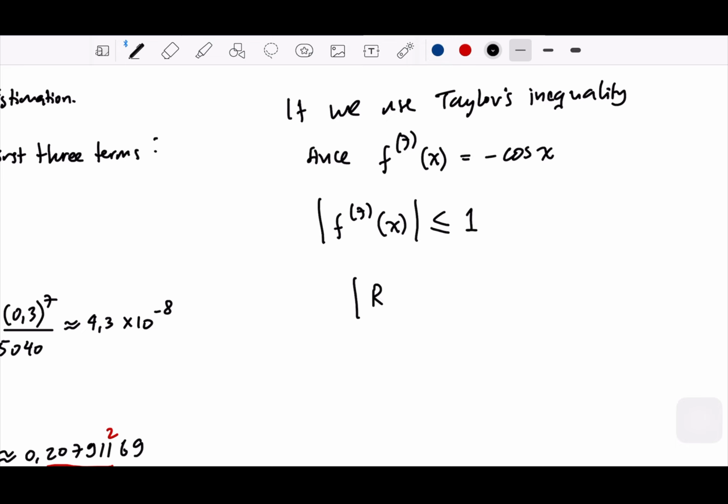So the remainder R6 will be less than or equal to 1 over 7 factorial times x to the power of 7. If we look at the equation, it's similar to what we have in the alternating series, right? So if we use Taylor's inequality, I think we get at least similar numbers.